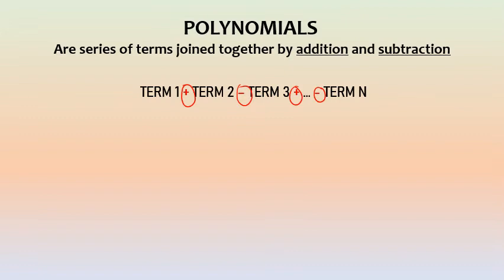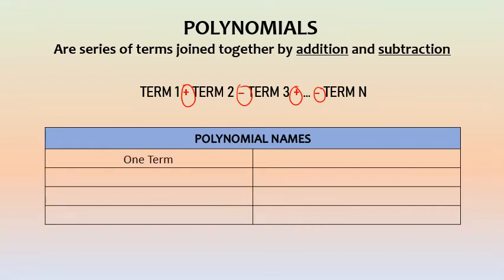And we have some names. May mga pangalan tayo ng mga polynomials depending on the number of terms that they have. If we have a polynomial with only one term, we call that as monomial. If we have a polynomial with two terms, we call that as binomial, from the root word bi, that means two. Then polynomial with one term, we call it as monomial, meaning of mono is one.